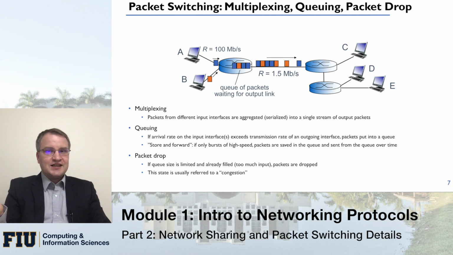And if we're not sending too many packets and our queue capacity is reasonably large, we may not even lose any packets. But if the capacity of our buffer or queue is limited and we send in way too many packets, then we won't have the ability to put packets into the queue, and we'll simply have to drop them.